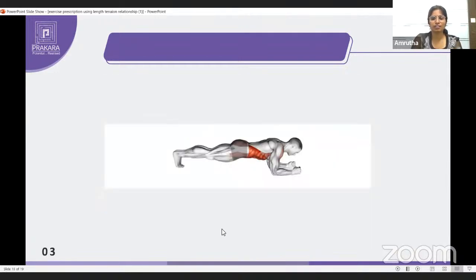Now, yes, this is plank. Remember the title, exercise prescription using length tension relationship. So once I say isometric exercise, the first exercise that strikes my mind is plank only. To be more precise, forearm plank.